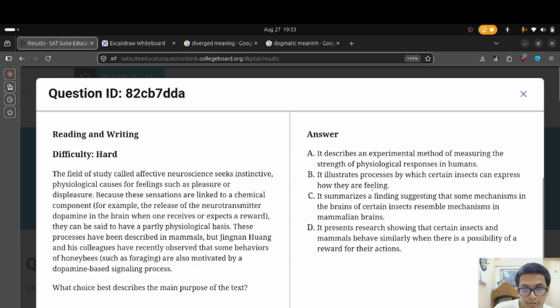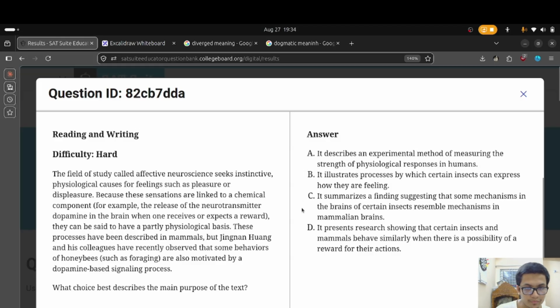So it says, the main purpose of the text. So let's think about it. Option A, it describes an experimental method of measuring the strength of physiological responses in humans. Does it? No. Option B, it illustrates a process by which certain insects can express how they're feeling. Option C, it summarizes a finding suggesting that some mechanisms in the brain of certain insects resemble mechanisms in mammalian brains.